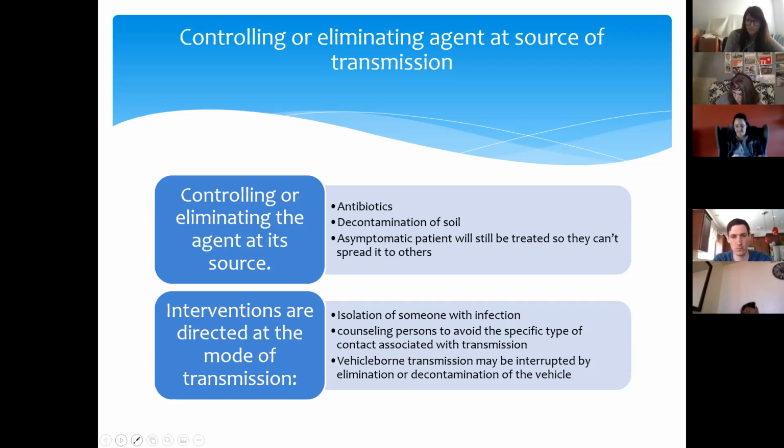Those are what's called airborne precautions. So they're going to be put in a room that has a negative pressure. So pretty much all the air is being sucked out of that room to help prevent those aerosol airborne droplets from being suspended in the air.